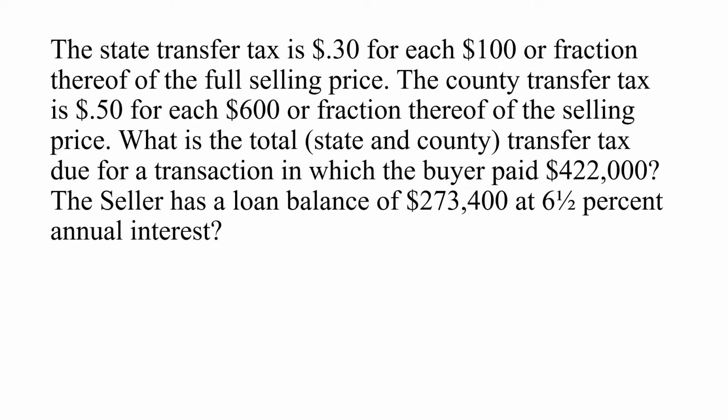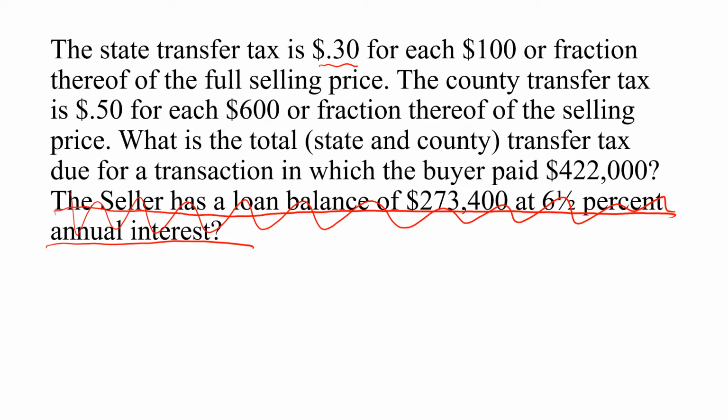Okay, guess what? This is trying to confuse you. This does not matter in this question, okay? But these are different. We have 30 cents on 100 and 50 cents on 600. So we simply just need to work these separately and then add them together.